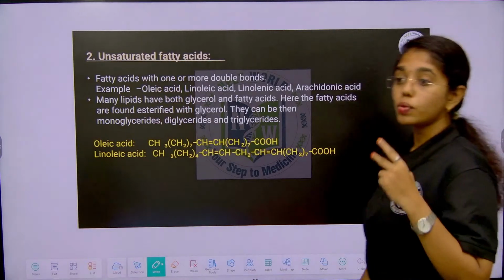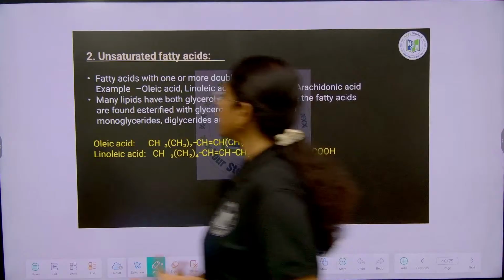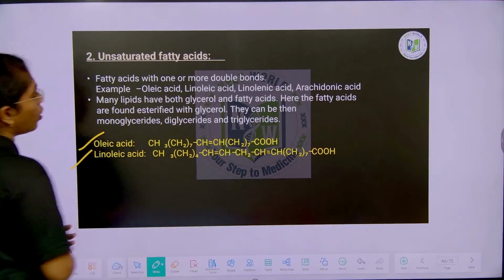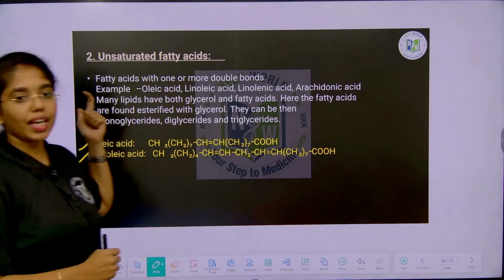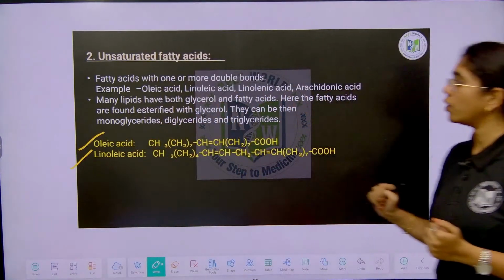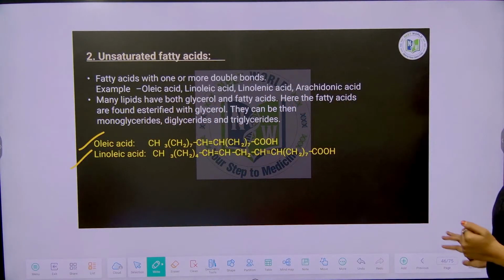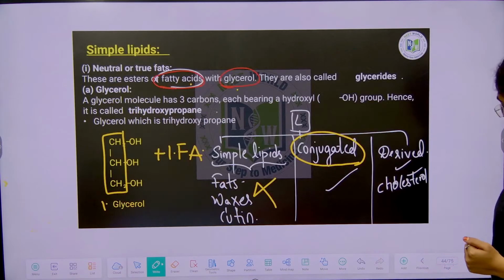Unsaturated fatty acids will have a double bond between 2 carbon atoms. Examples are oleic acid and linoleic acid. Palmitic acid and stearic acid are under saturated; oleic acid and linoleic acid are under unsaturated. Clear till here?